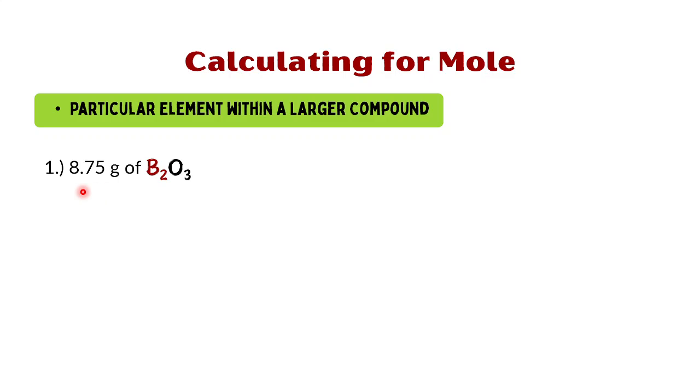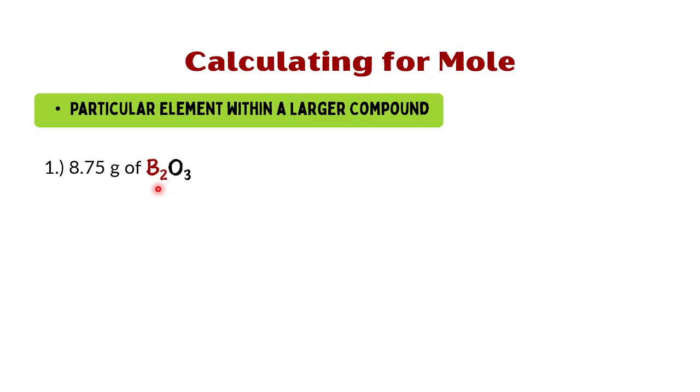Say for example, our first problem, we are tasked to calculate the mole for boron. And this is the mass. As you can see here, this is the mass of the whole compound. It's 8.75 grams.